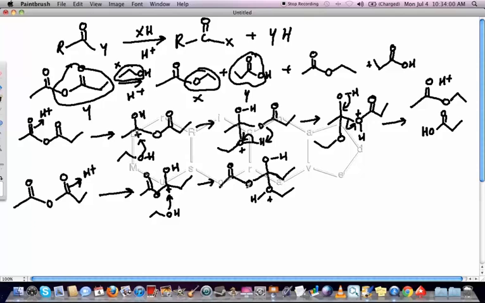And again, we get the proton transferred to the group that's going to end up leaving, and the group that's leaving is the group attached to the C double bond O that was originally attacked. So we know that that group is going to be the leaving group, and we know that that's where the proton will get transferred to in the proton transfer step. And you can see that that's what's happening here.